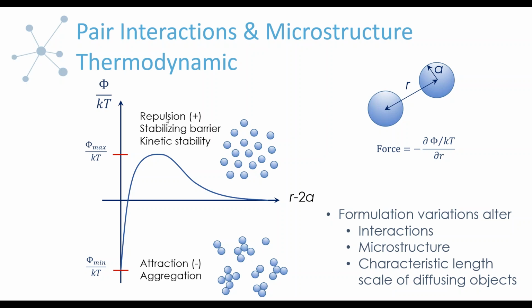And the repulsions are going to act as some sort of stabilizing barrier and give you kinetic stability. They'll prevent the aggregation or cluster formation of these objects. So when you have a substantial repulsive barrier, then you're more likely to have these primary objects dispersed in solution and remain that way for an extended period of time.